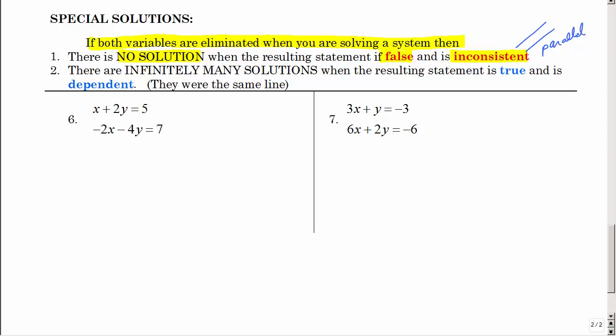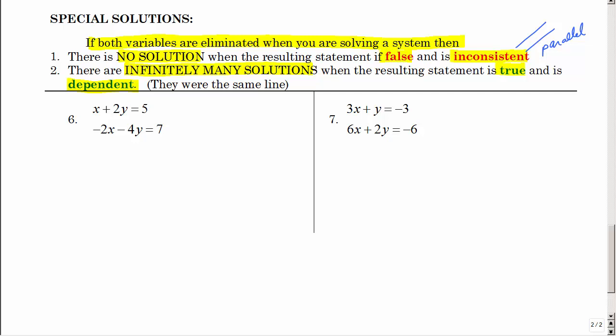They didn't cross. There's infinitely many solutions when the resulting statement is true, or they are dependent. They were the same line. Instead of maybe using infinitely many solutions, I said all points on the lines coincided. All of those mean the same thing.